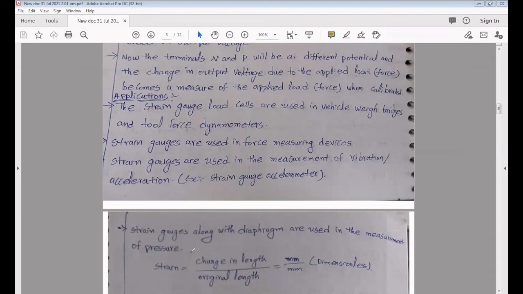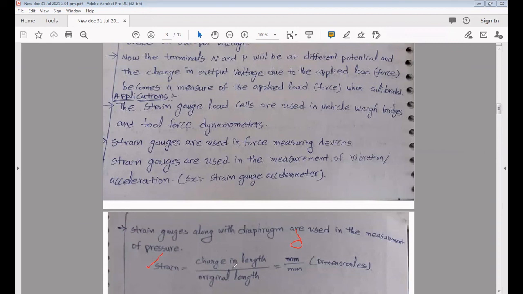The strain gauge formula we take directly here: change in the length by original length. The change in length is always indicated with the letter D. So it is that change in length by the original length.